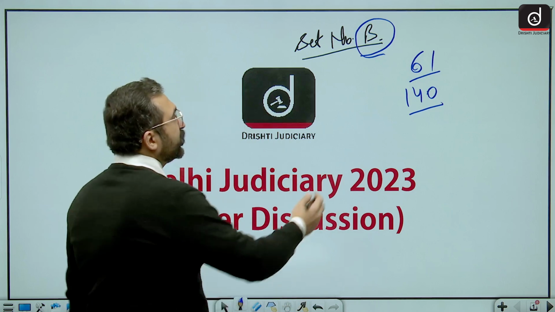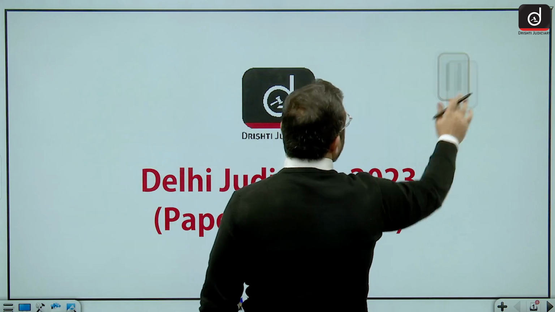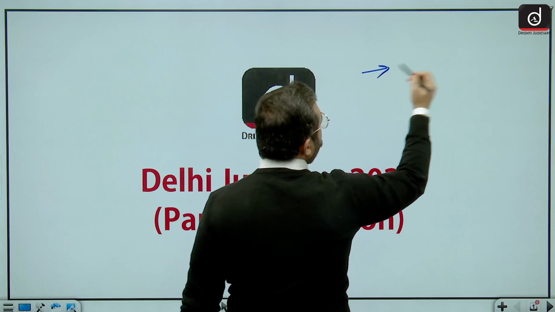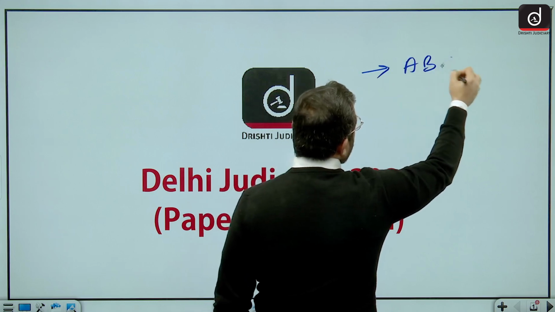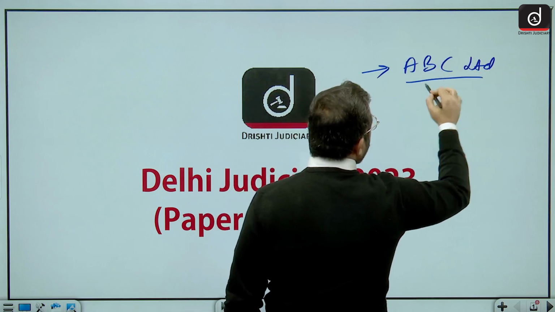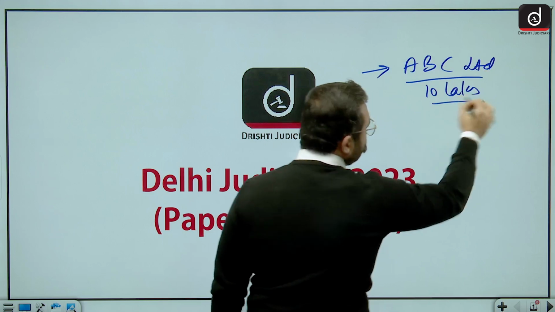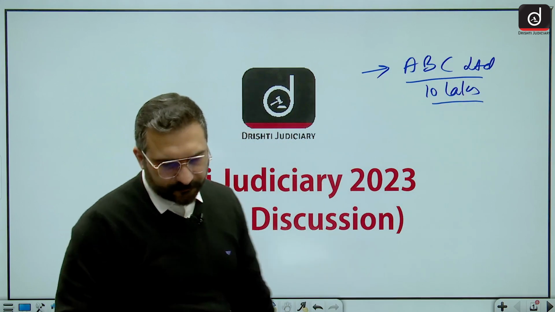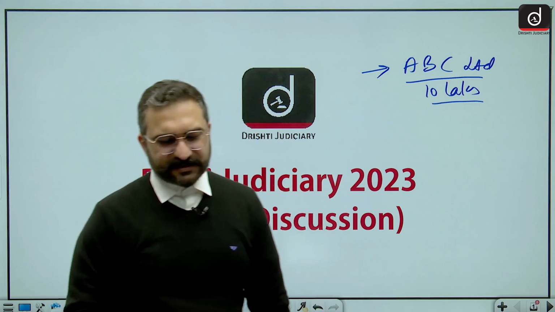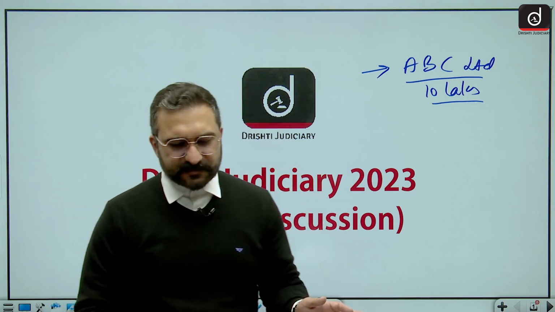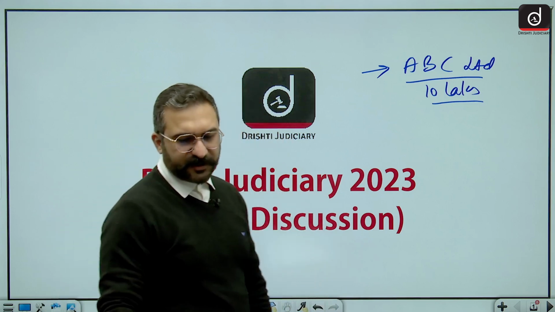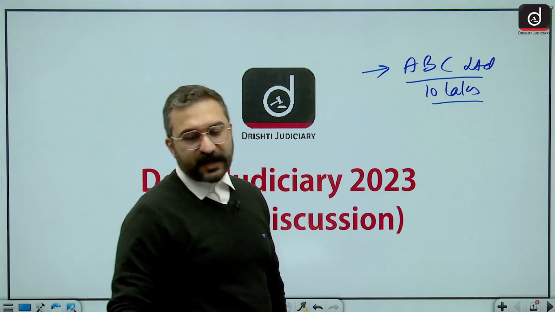So there is a decree which has been passed against ABC Limited, a company, of rupees 10 lakhs. The decree holder files an execution petition and impleads Mr. A and Mrs. A as respondent number 2 and 3, since they are the promoter directors of the company.